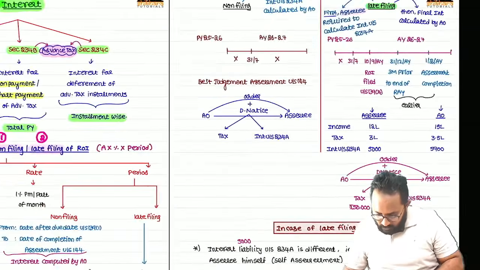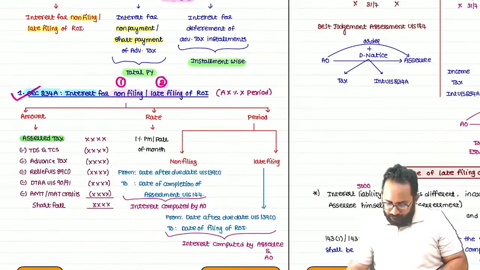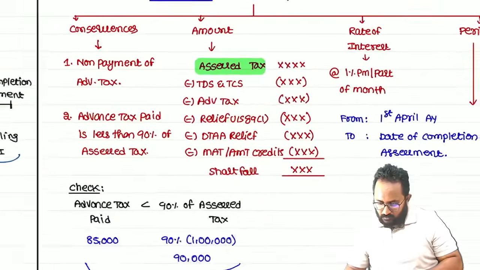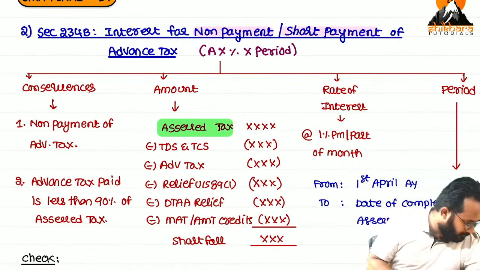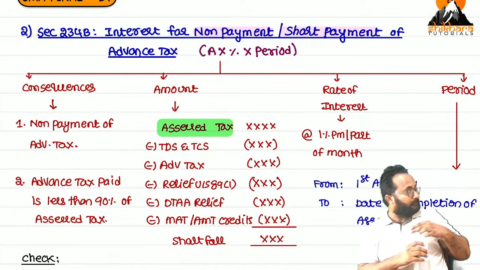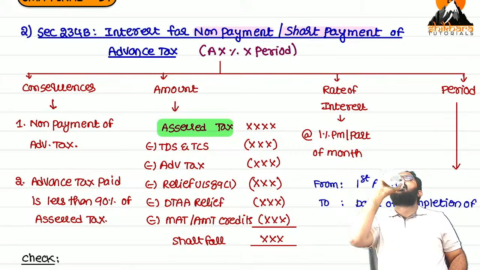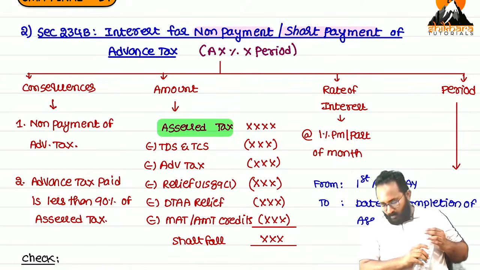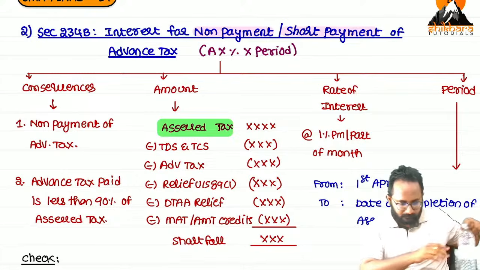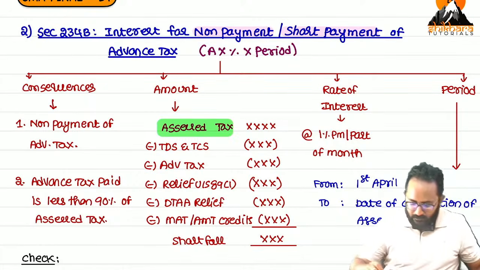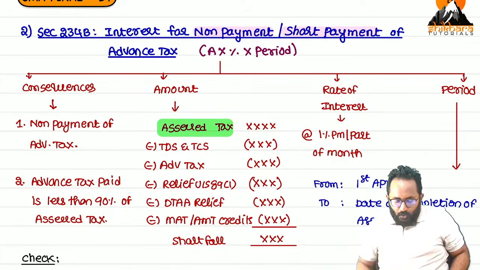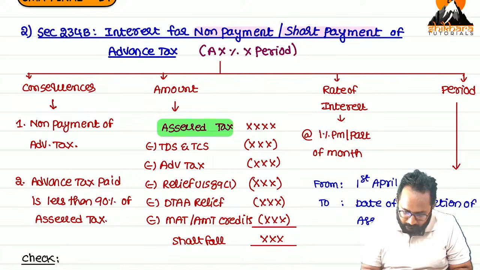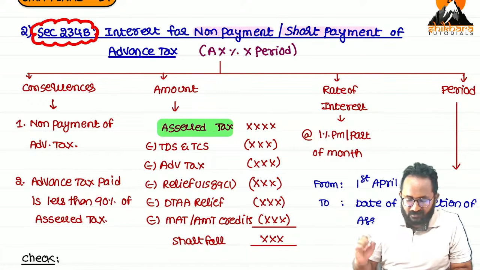Now we can start with 234B. Shall we? Yes, listen. 234B interest is required to be computed for two consequences.